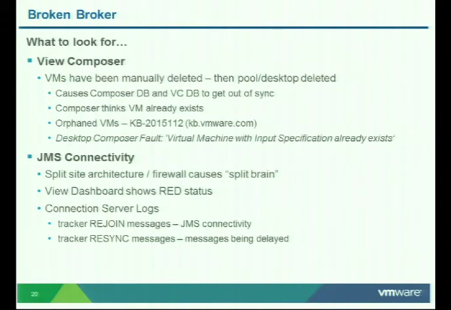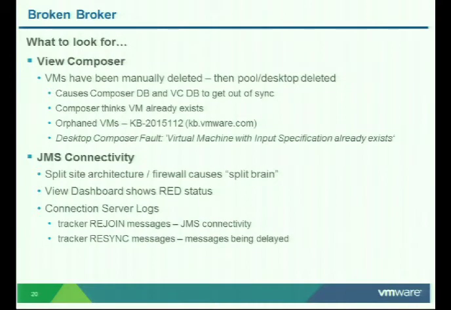And you'll typically see in the View Composer logs, when you get this corruption issue, "this virtual machine with input specification already exists." There's a KB article that will walk you through how to clean up View Composer and orphan VMs. I know it's not pretty, and I know it's command line, but there is a process to help you clear that up. The good news is that it doesn't often happen on its own. It's very rare. It usually only happens when the vSphere admin is trying to be helpful.